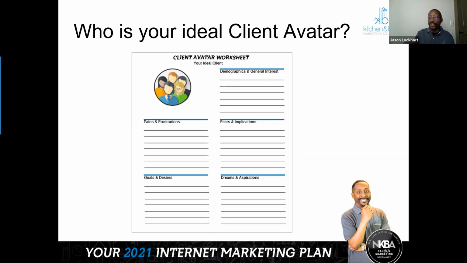If you have different services, like interior design, remodeling, e-design, virtual design, kitchen remodeling, or outdoor patios, whatever your services are, you want to do a different avatar for each one, because the end user may be a little different for each of those. So you want to fill this out on the demographics and general interests, pains and frustrations, fears and implications, goals and desires, and then the dreams and aspirations.